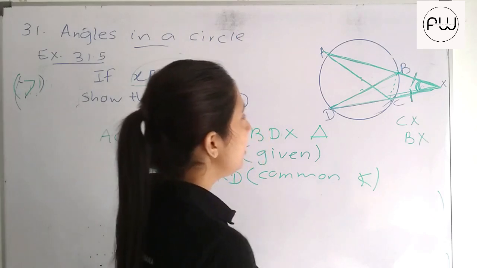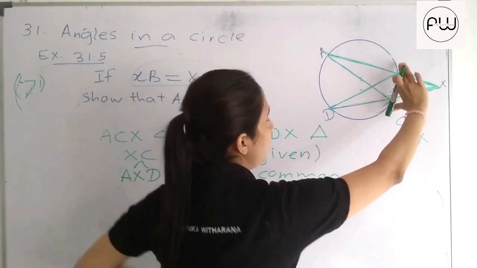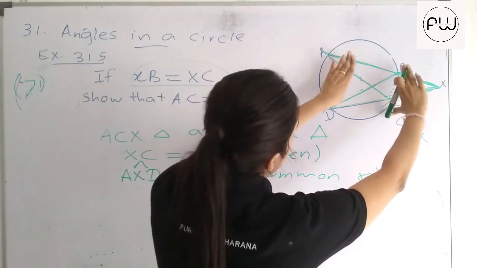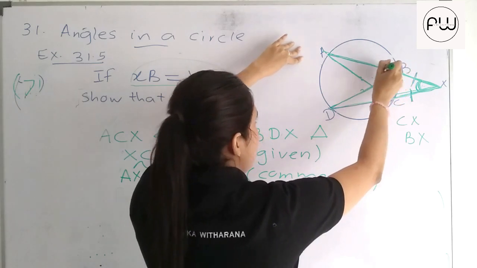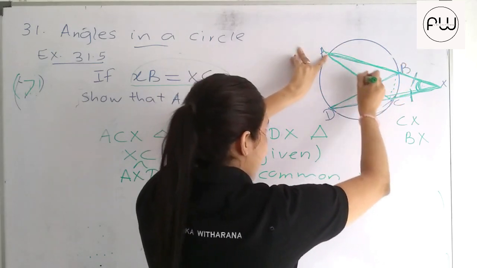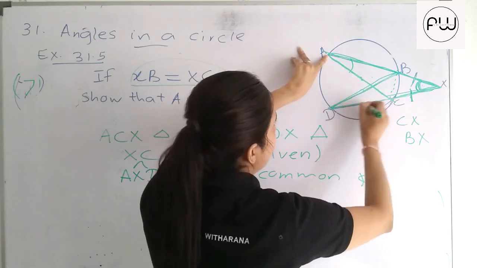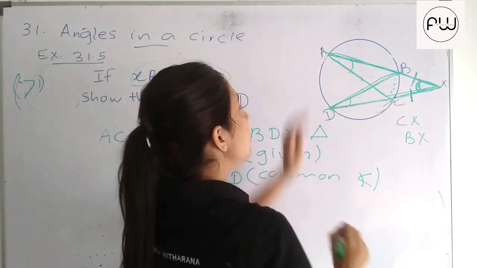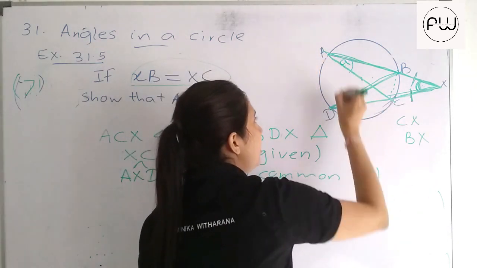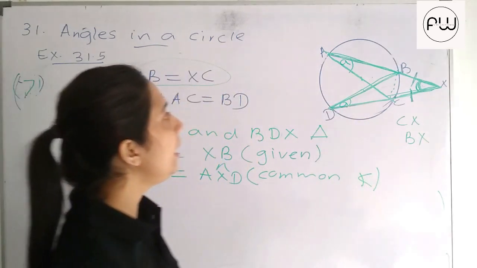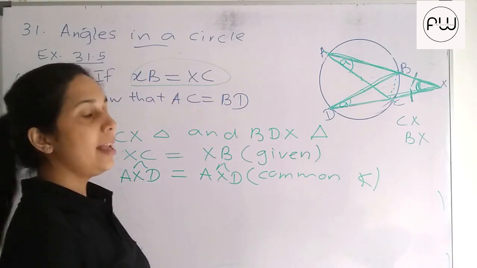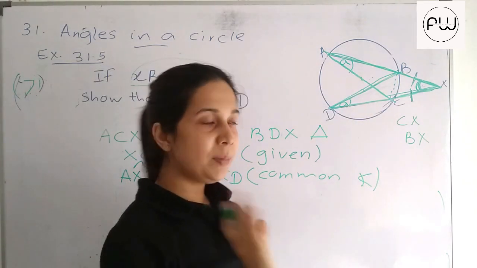Now let's see this one. If we consider this chord, you can see this segment. So this angle and this angle are in the same segment. Then these two angles should be equal. That is the reason: angles are in the same segment.